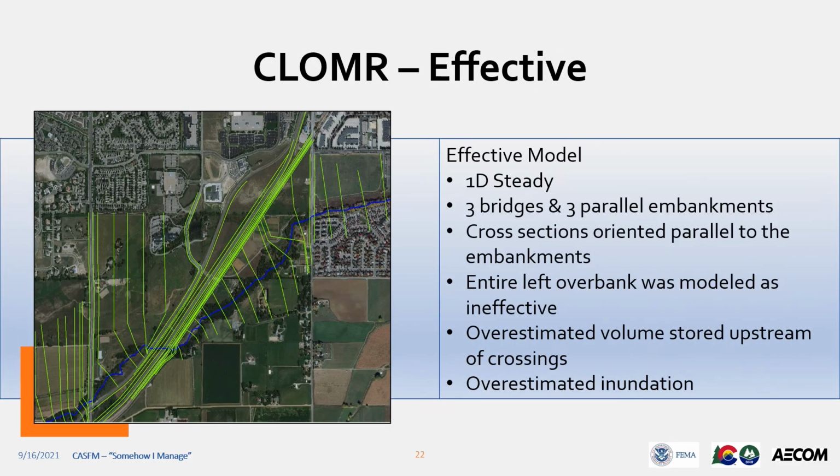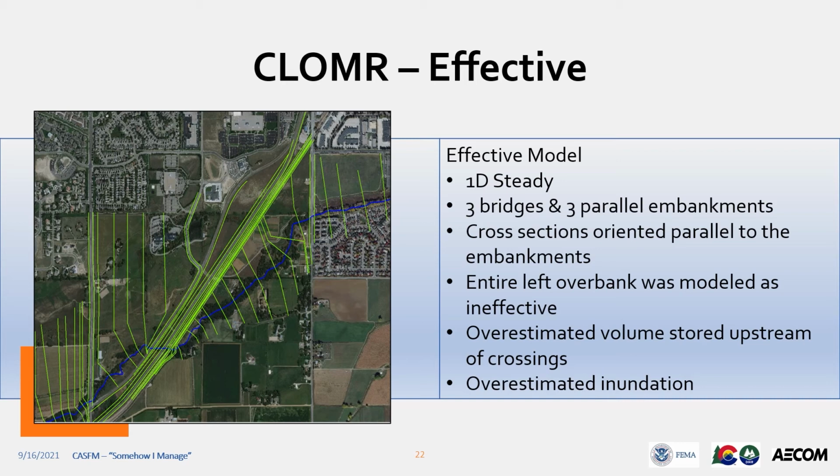So going back to the effective model, it was a 1D steady with 3 bridges and 3 parallel embankments. As a pretty standard practice, the cross-sections were oriented parallel to the embankments. And because of the road height, the entire left overbank, which is to the north in the figure, was modeled as ineffective.